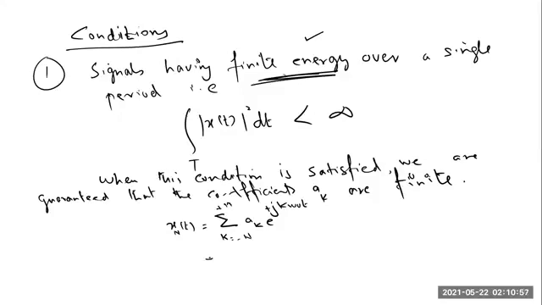And then what will be the error? The error in the approximation will be x of t minus this thing.